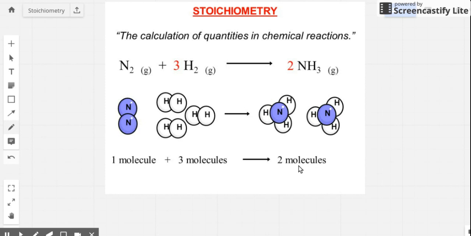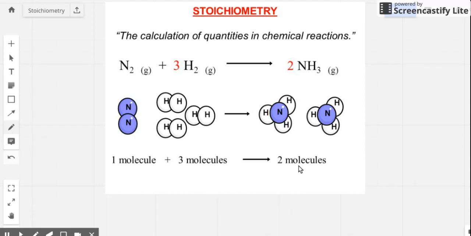However, we know for a fact that we cannot measure and isolate by molecule because we cannot count them, and they're very microscopic, very, very tiny. And so what do we do? You know from your mole conversion that it was Amedeo Avogadro who was able to relate our microscopic particles with a measurable quantity of mass.